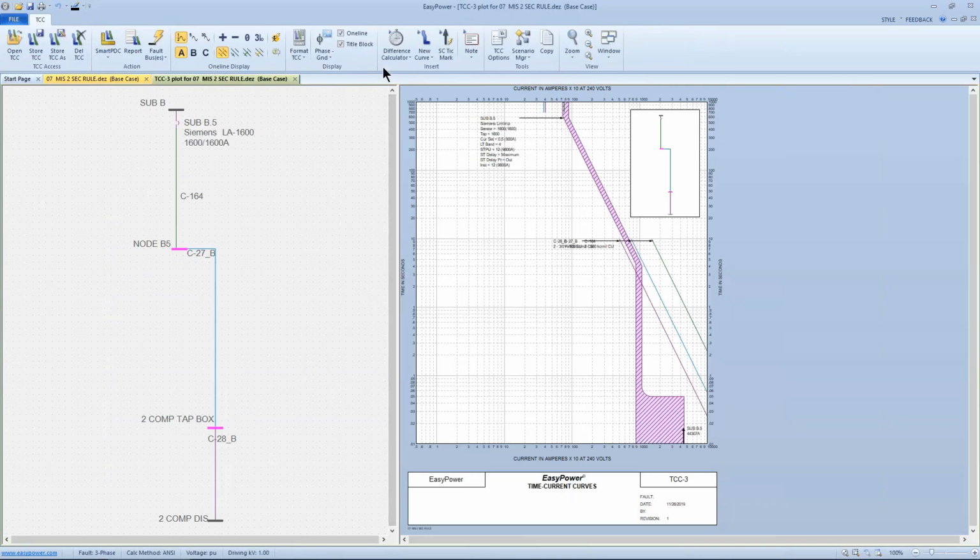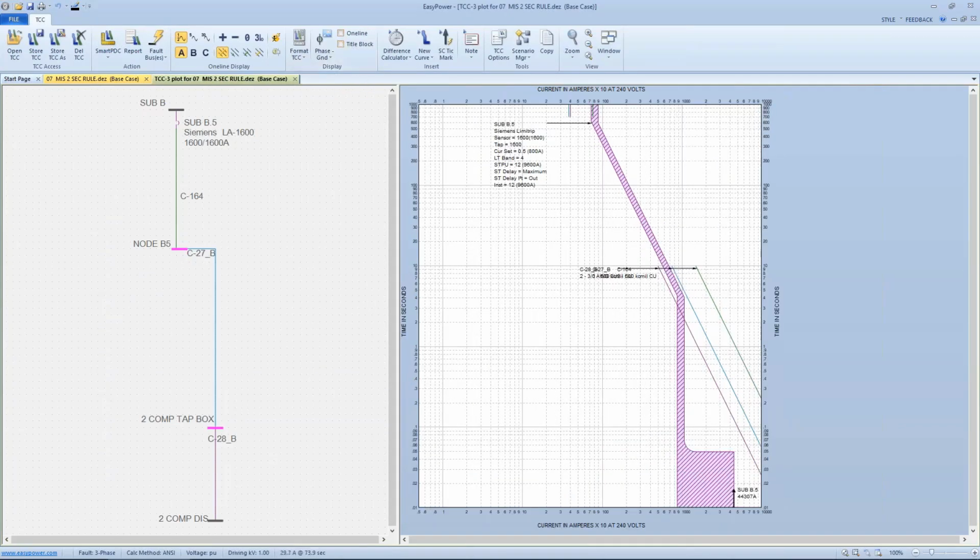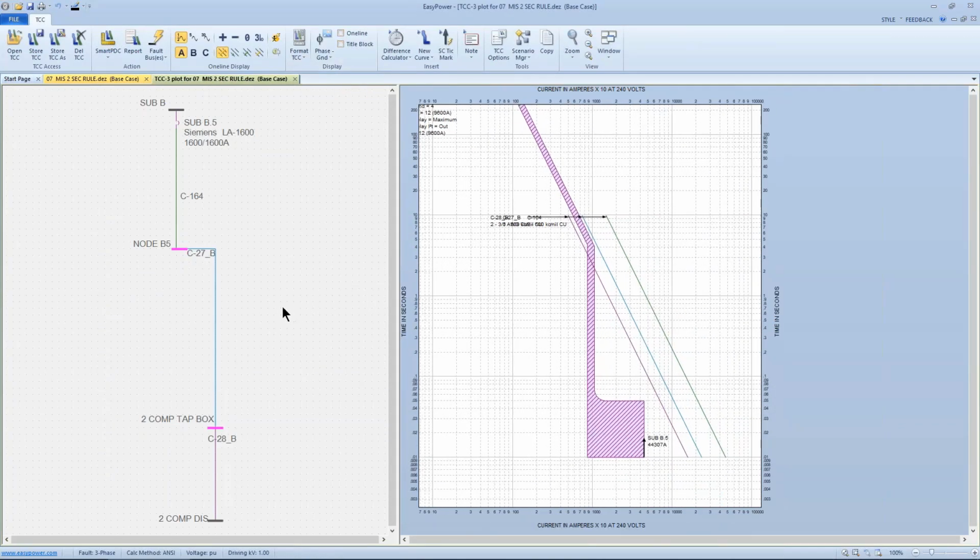Because that breaker wasn't the tripping device, it was not allowing me to indicate where the arcing current would be.